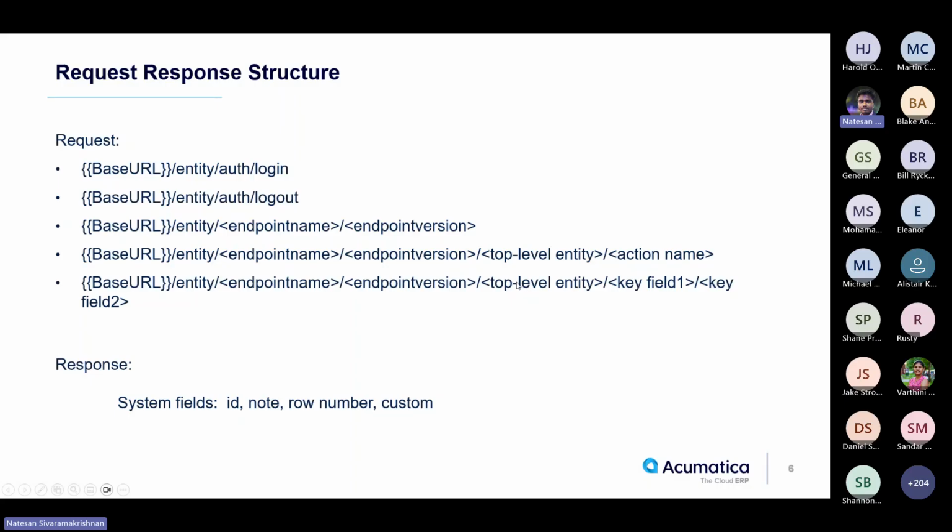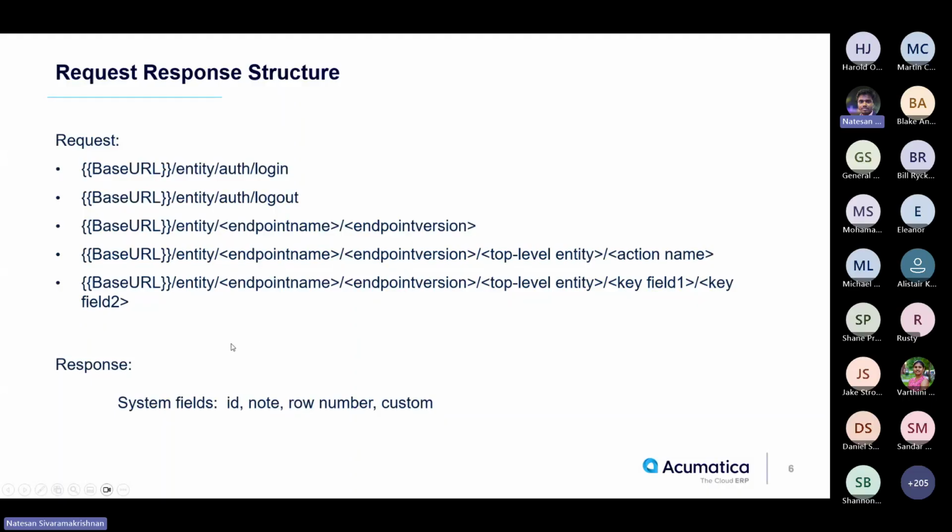For example, if it is a sales order, and mention the action that we wanted to invoke, or use the key fields to retrieve a particular record, to fetch the data, or to update a record.